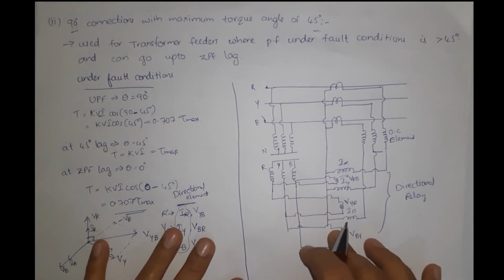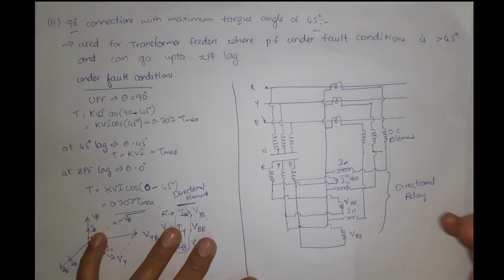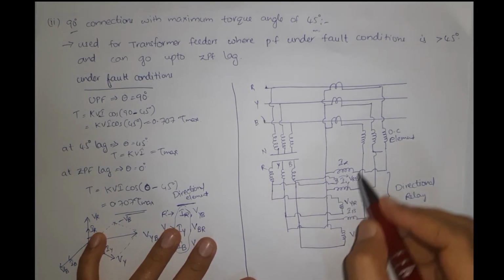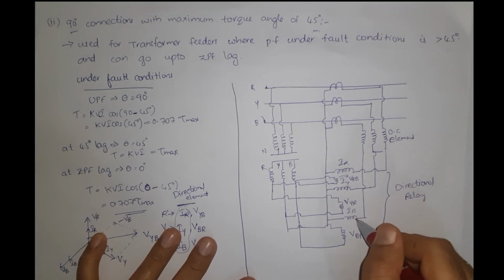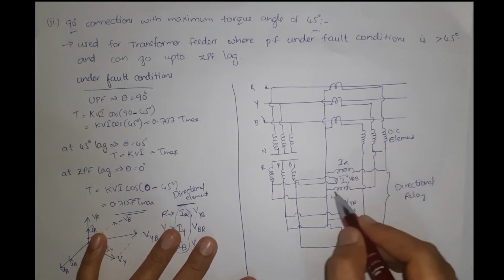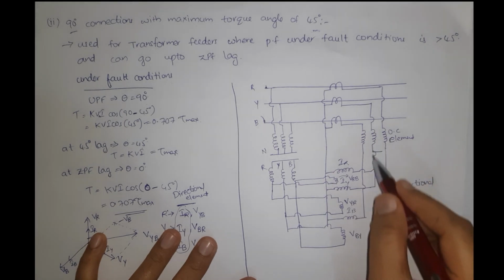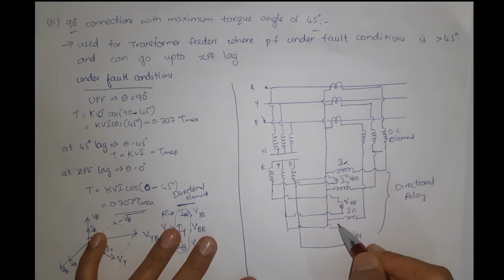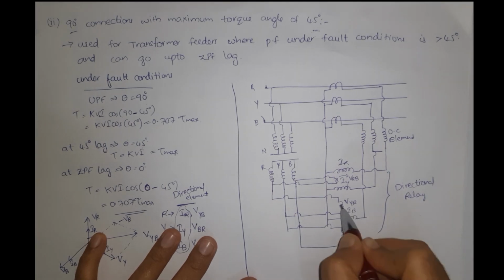So this is the connection diagram corresponding to the directional overcurrent relay of feeders. If you see here, IR, IY and IB are the current elements, which correspond to overcurrents and are connected to overcurrent coils. From here it is given to one phase, next one. These are the current coils, and next the potential coils.